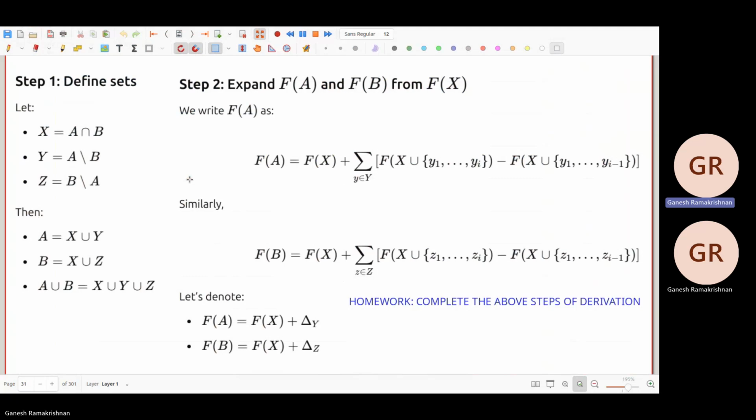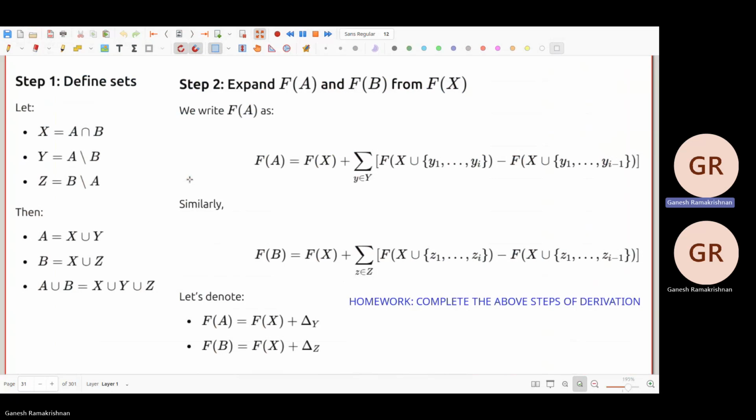I've just given them names also. I've just said this is f of X plus, see, you understand what is happening here, right? The successive differences will eventually all get cancelled out, even the f of X will get cancelled out, except f of A, because f of A is f of Y union X. So only this term will eventually remain.